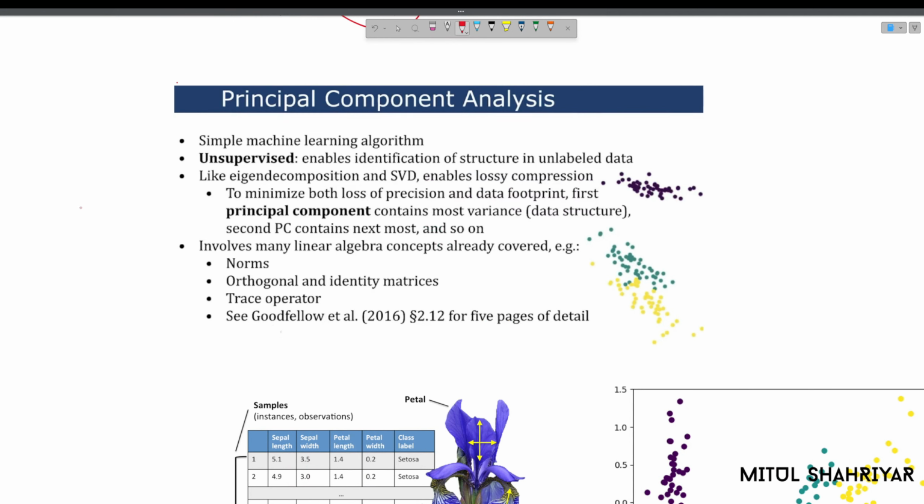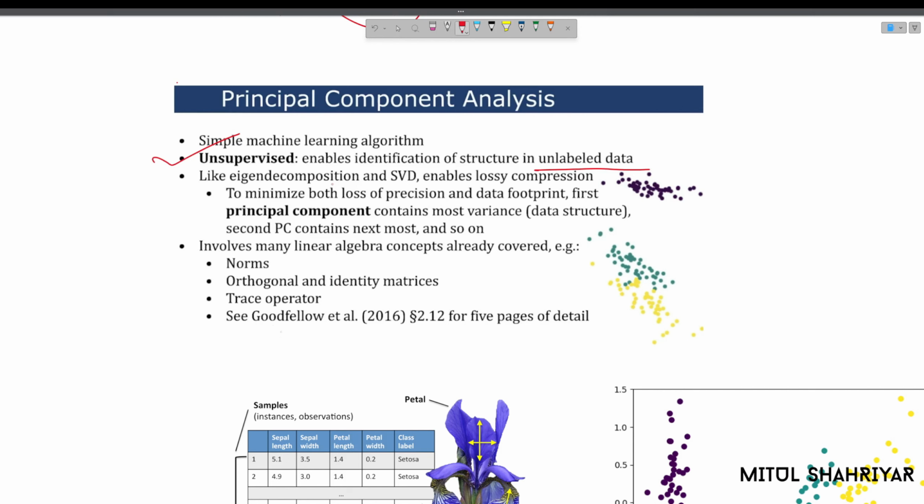Even if you're using PyTorch and others, there are lots of libraries which will do this kind of stuff, PCAs. Okay, so in unsupervised learning, which enables identification of structure in unlabeled data, when the data is not labeled, you may ask, what is this kind of thing? We'll learn about supervised models, unsupervised, and so on.